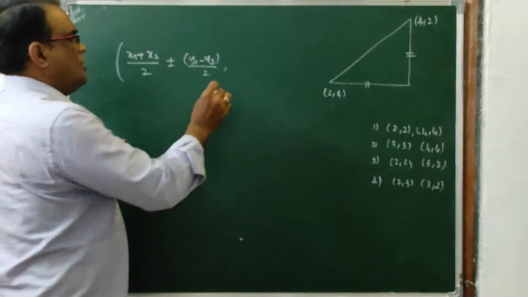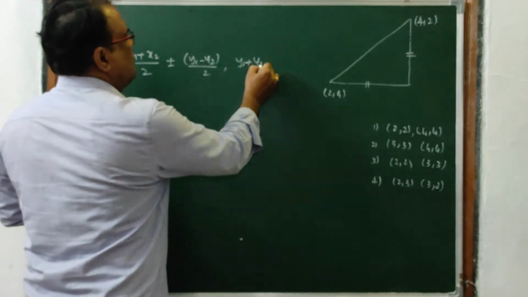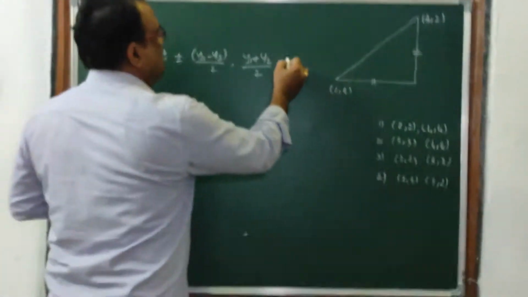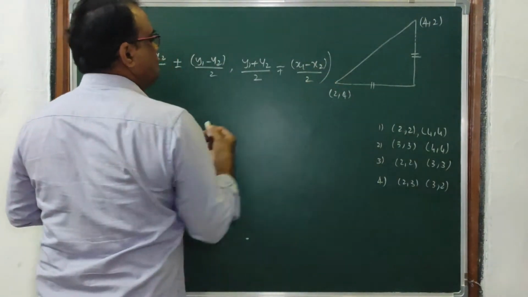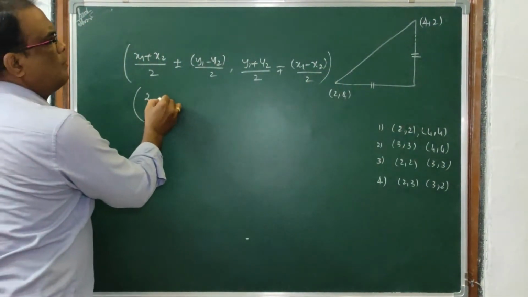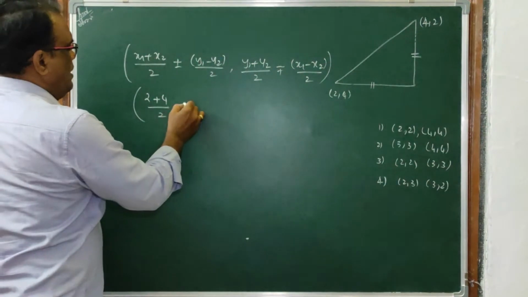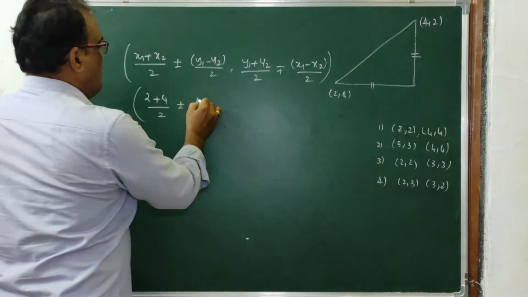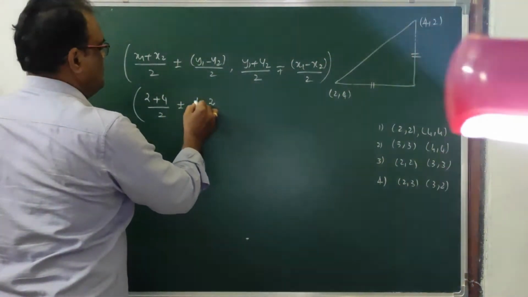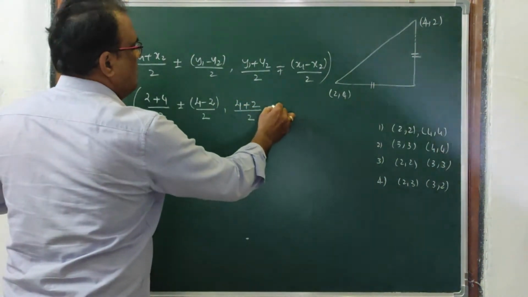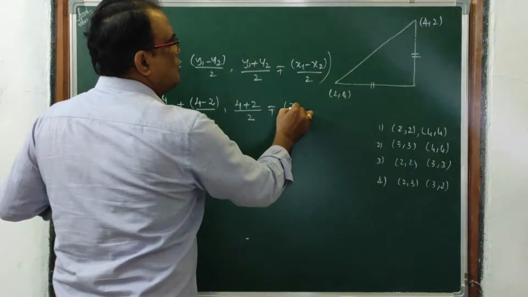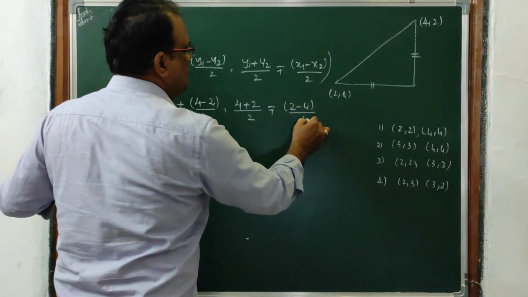That's all, no root 3 here. Now (2 + 4)/2 ± (4 - 2)/2, (4 + 2)/2 ∓ (2 - 4)/2.